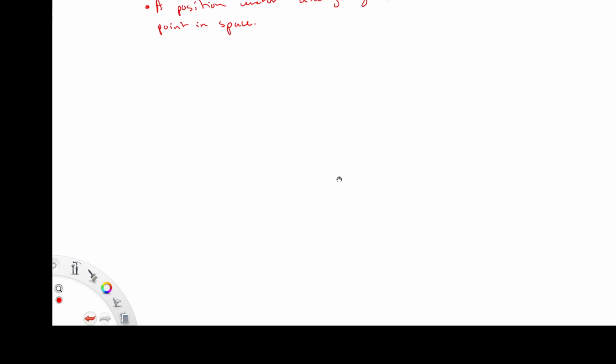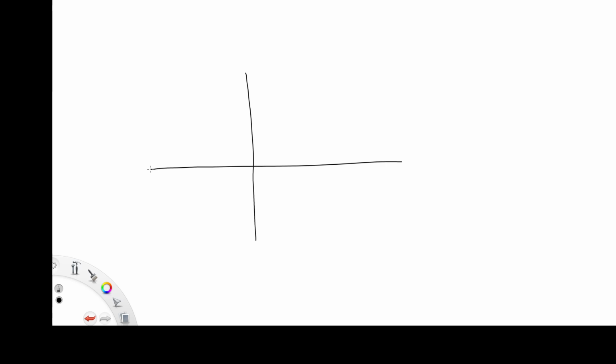Same again this time. Let's say I have a grid again, just like this. So I've got the y-axis and the x-axis. This time a direction vector can be something like from this point to this point like this.